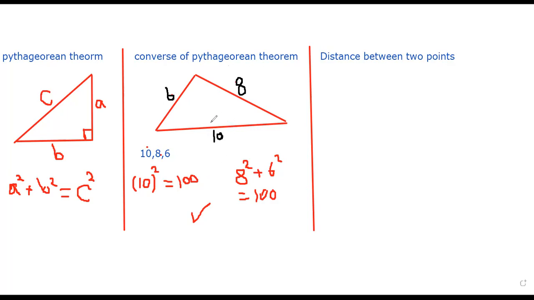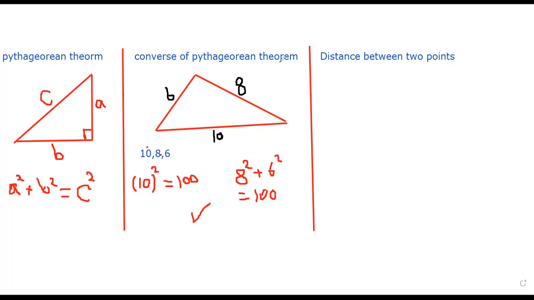If the square of the longest side is greater than the sum of the squares of the other two sides, the triangle will be obtuse. If it is less than, it will be acute. Is this your question? Yes, thank you. Welcome, Honey.